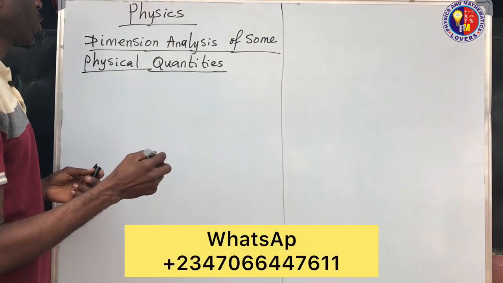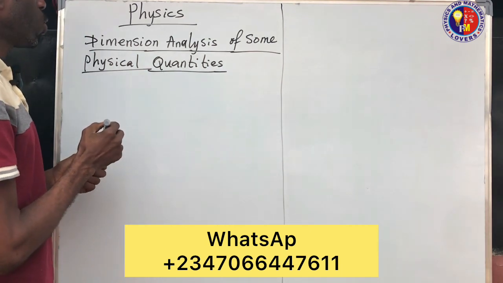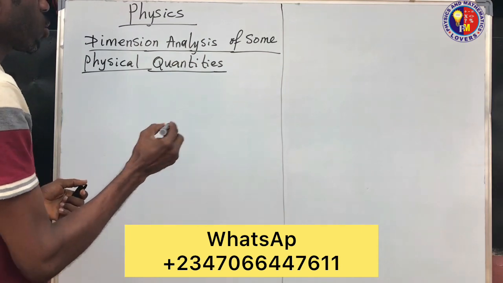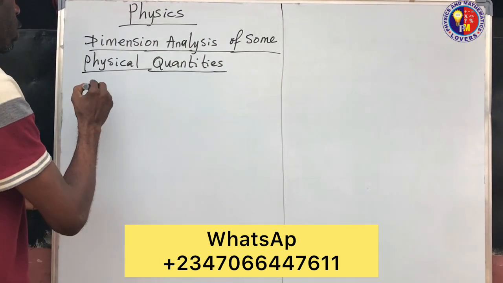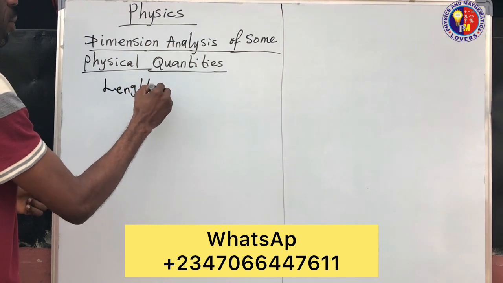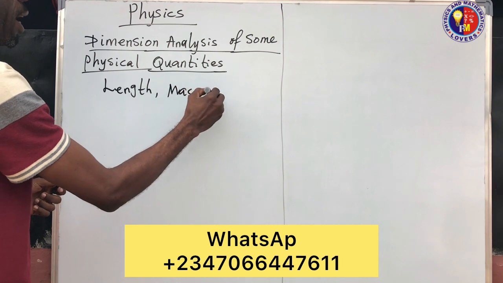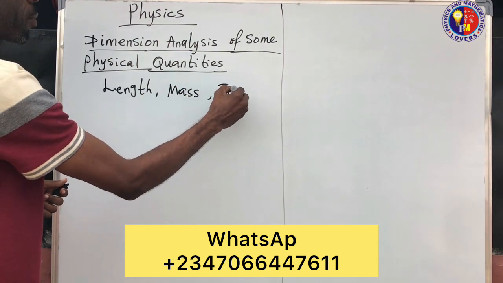When we talk about dimension of physical quantities, we're actually looking at how those quantities are related to length, mass, and time.